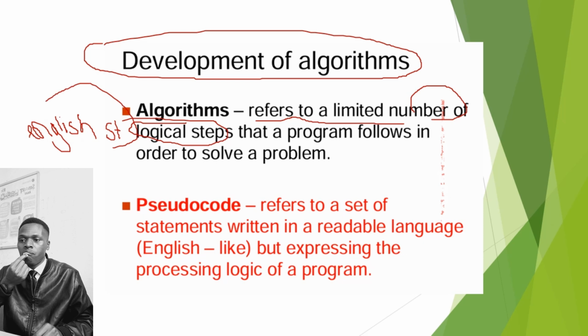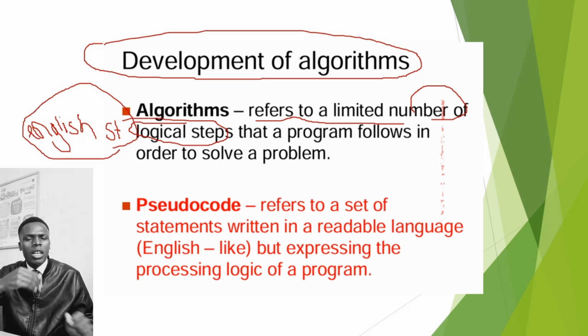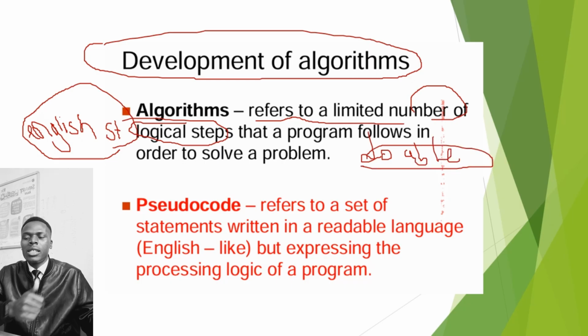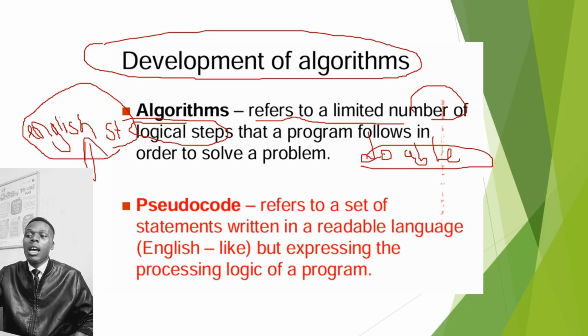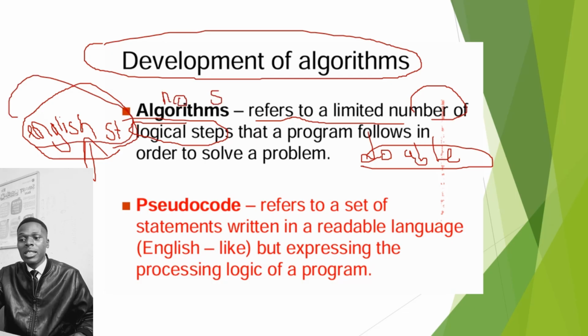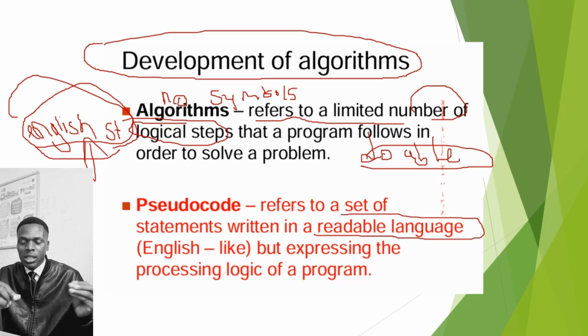And you find in our books mostly it is written: an algorithm refers to English statements. So it is purely English statements, no symbols in it. And the pseudocode refers to statements written in a human readable, English-like language. These words are many, but it's upon you to know the algorithms.